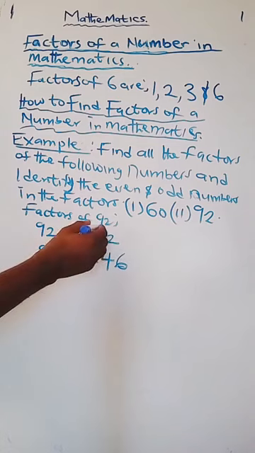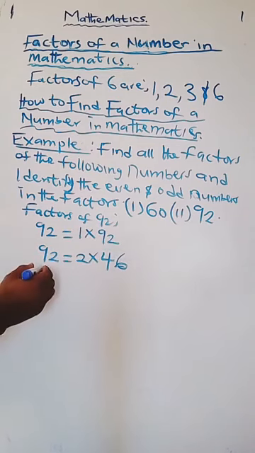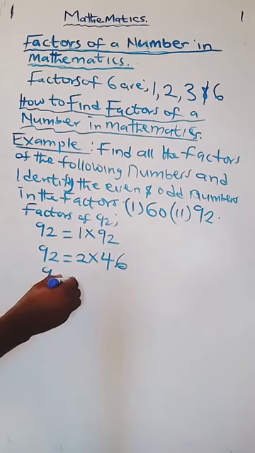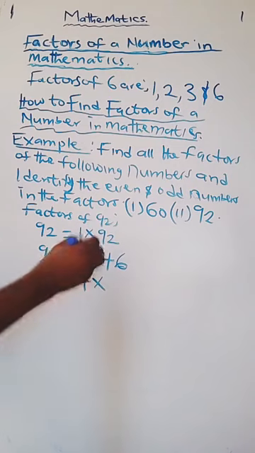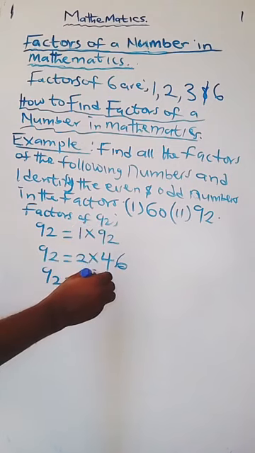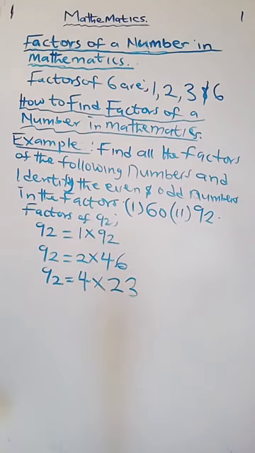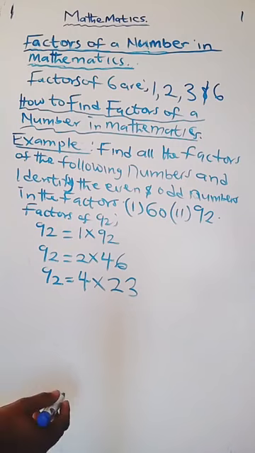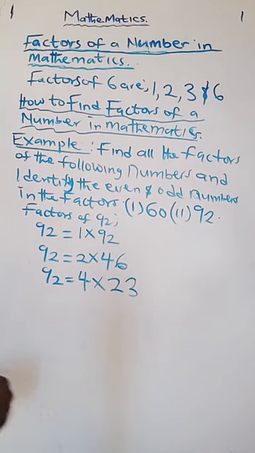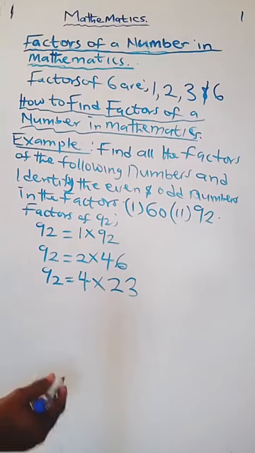Can 3 divide it? No, 3 cannot divide it. Let's look at 4. 92 equals 4 times 23. Alright? 5 cannot divide it. 6 cannot divide it. 7 cannot divide it. 8 cannot divide it. 9 cannot divide it. 10 cannot divide it. Then we stop it like this.